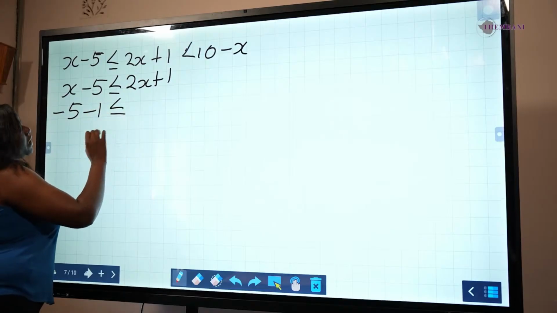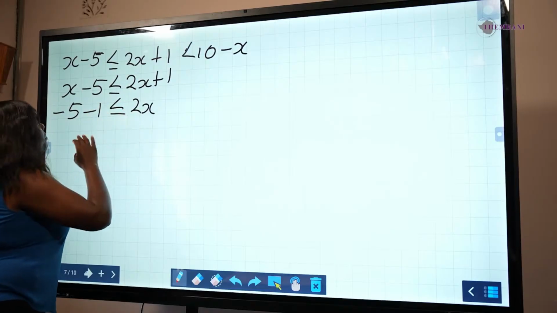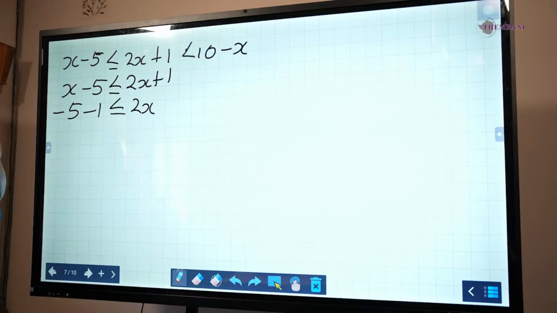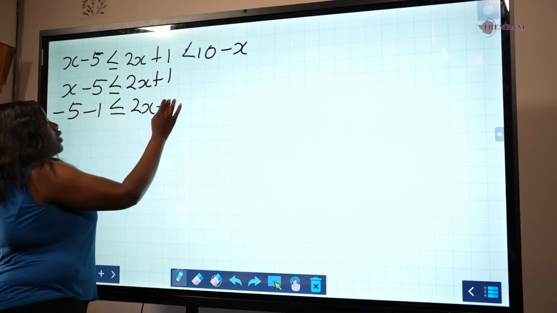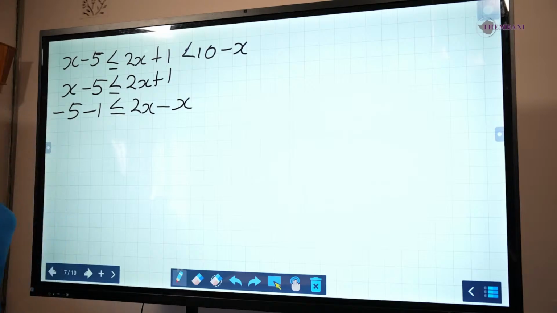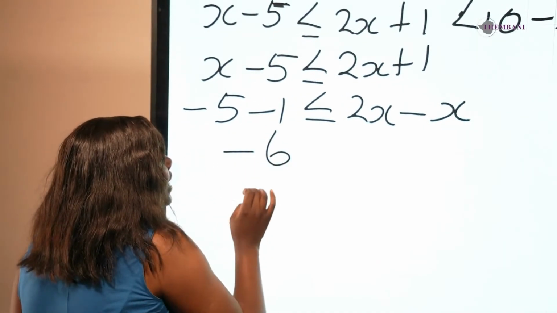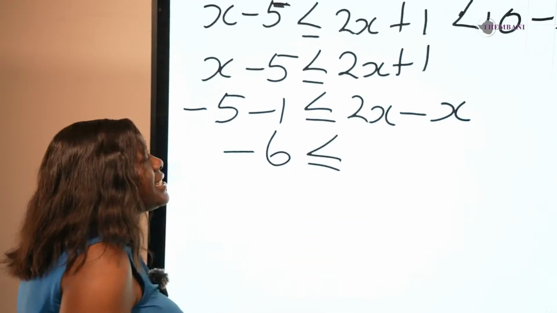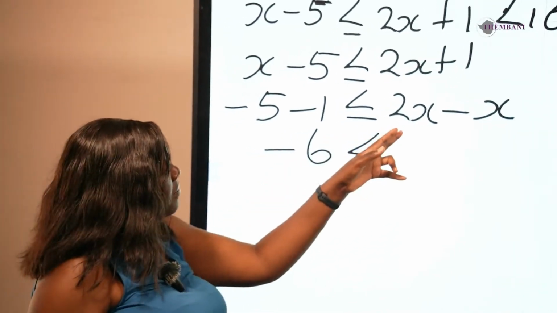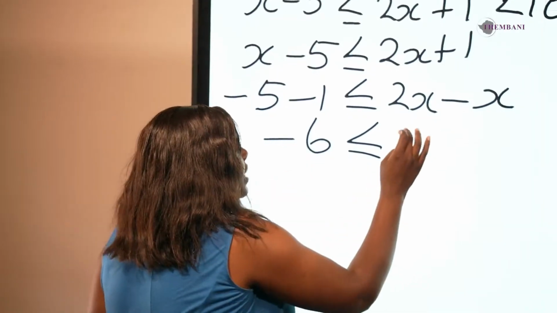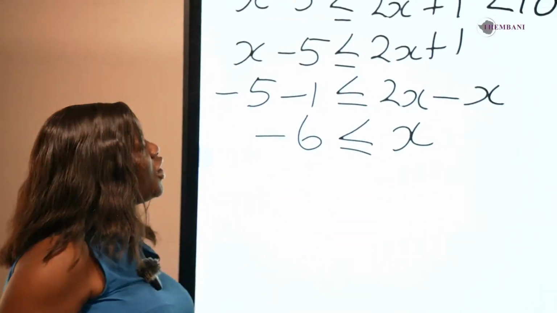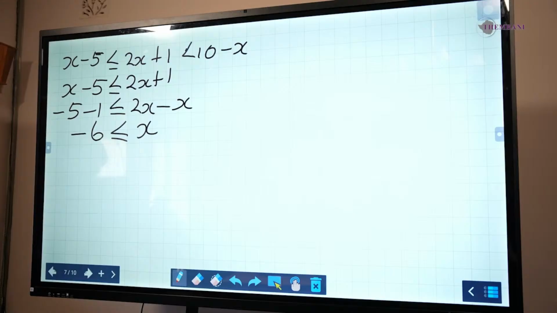Then I put my inequality sign, I have my 2x, then this x was positive. If it crosses the inequality sign, it also becomes a negative. So I'm going to have minus 5 minus 1 is going to give me a negative 6 is less than or equal to 2x minus x is going to give me an x. So this is the first part of my inequality.